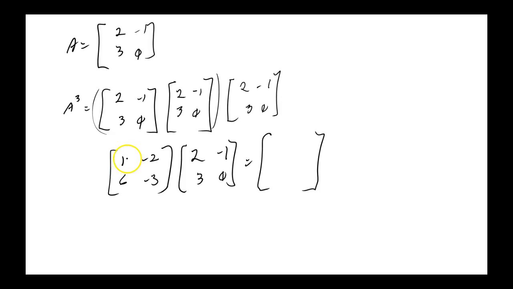Is that what you said? Okay. It's 2 minus 6, isn't it? -4. Okay. Next. -1. Next. 3. Next. -6. Okay. -4, -1, 3, -6. Okay?